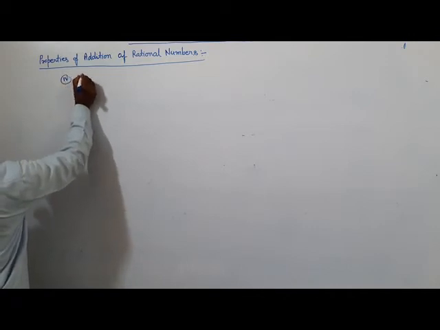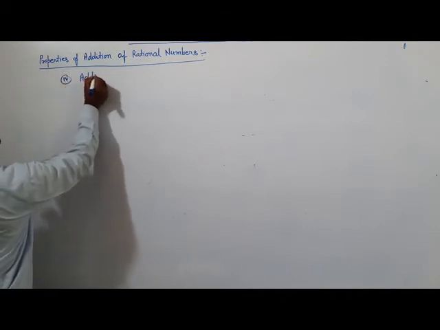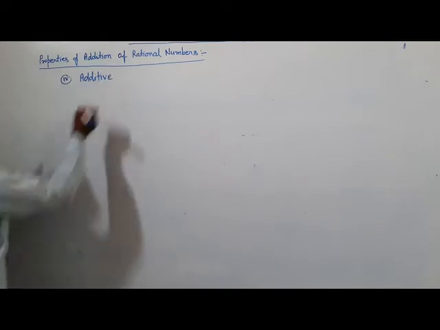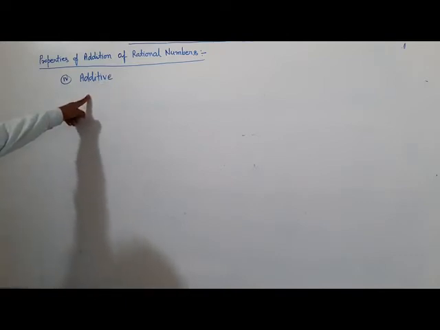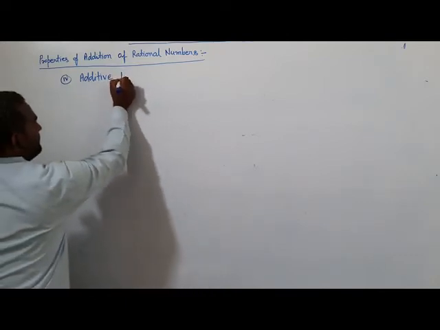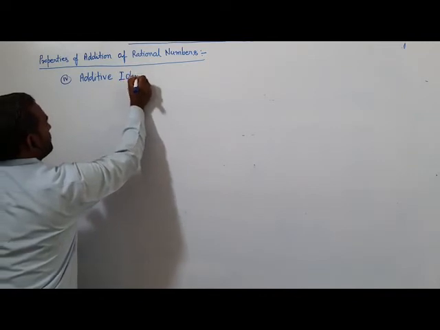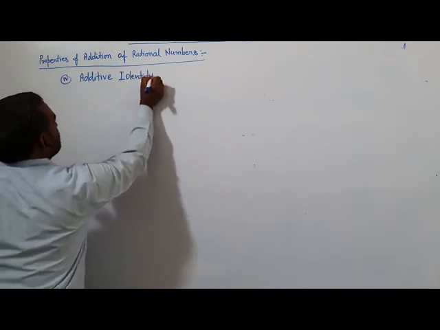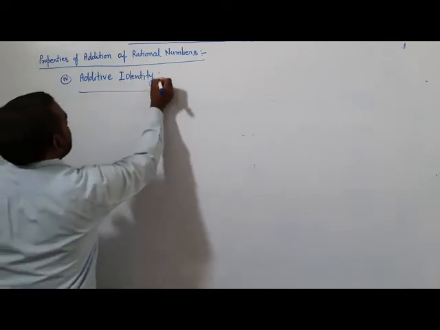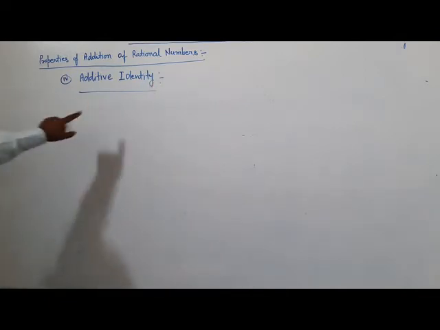In the addition of rational numbers, the fourth property is additive identity.